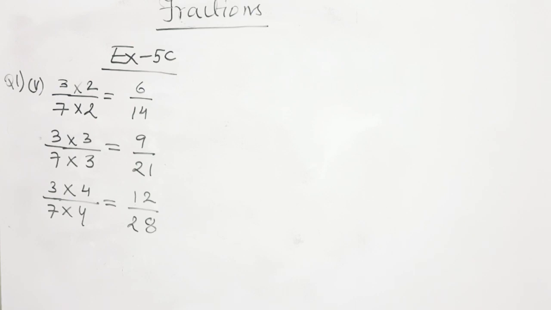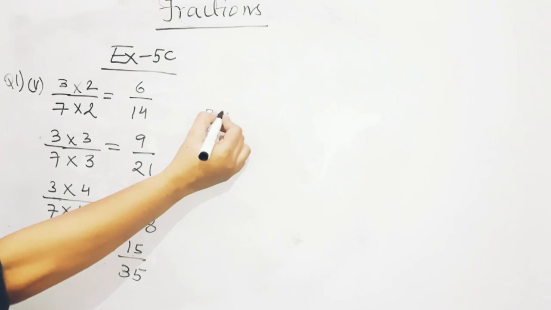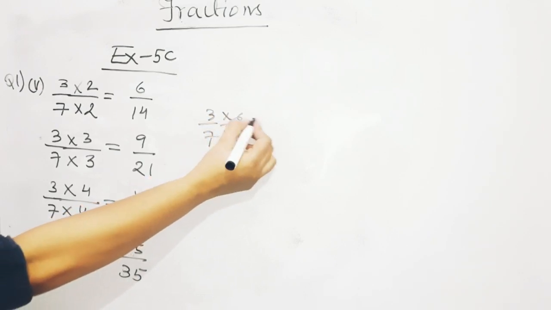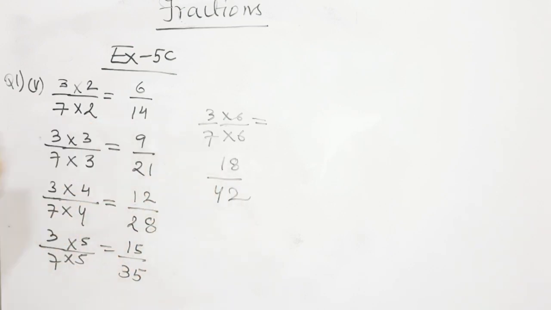Now we have obtained 3 fractions, 2 more. Now it is 15/35. Now the next one, we have to multiply by 6, so it will be 18/42. So this is how you are going to write the next equivalent fractions.